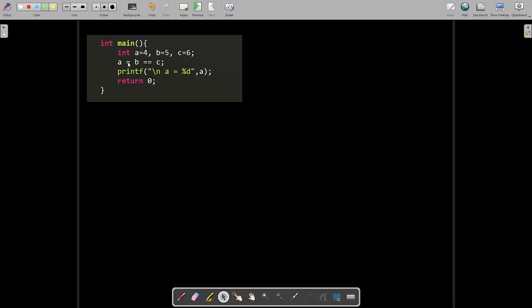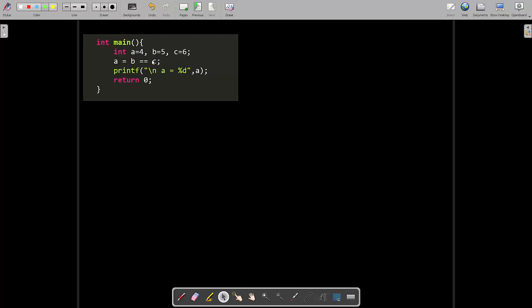If you recall, equal to, that is the assignment operator, has the least precedence, so this is what is going to be checked first. So let us solve this over here. First we will get the value of b equal to c.